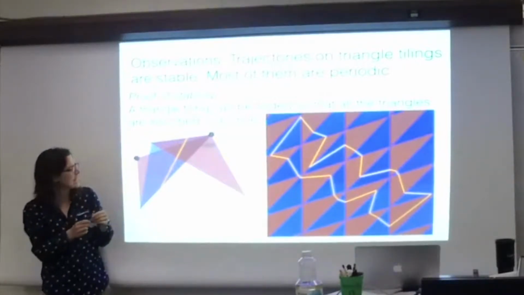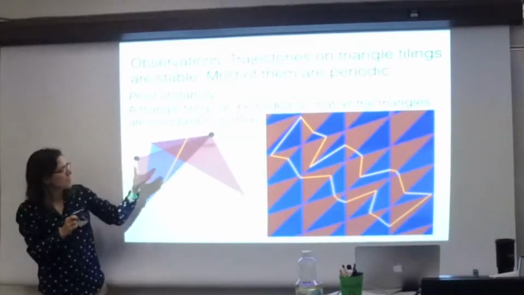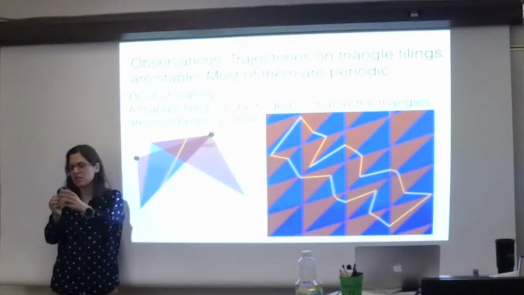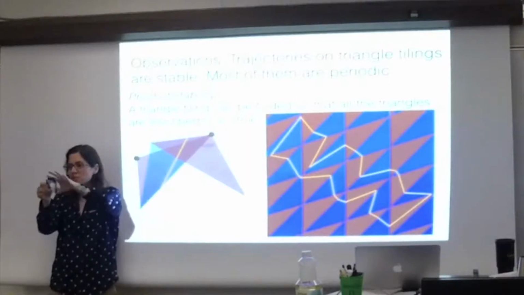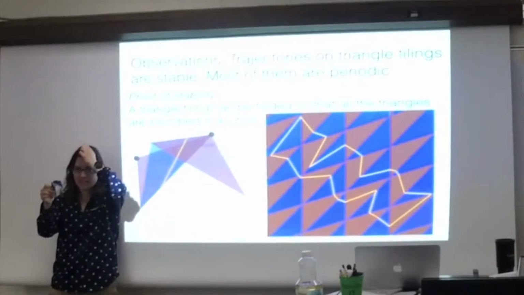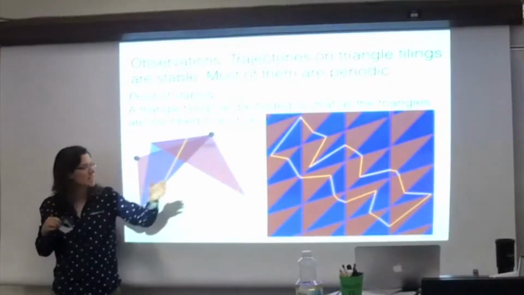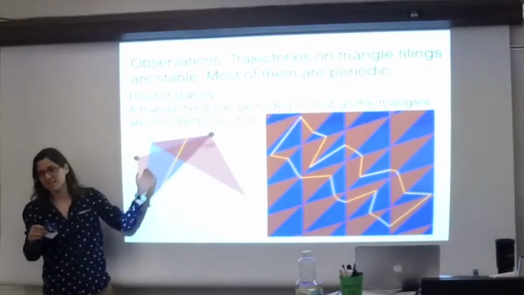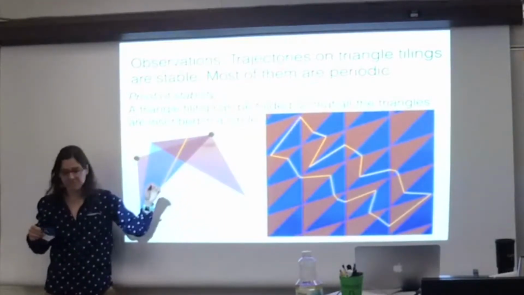So the idea is that we can turn trajectories on triangle tilings into just understanding how triangles move around a circle with an identified chord. Okay, so that's the first thing. Instead of studying trajectories on tilings, you can study triangles moving around inside a circle with a chord.